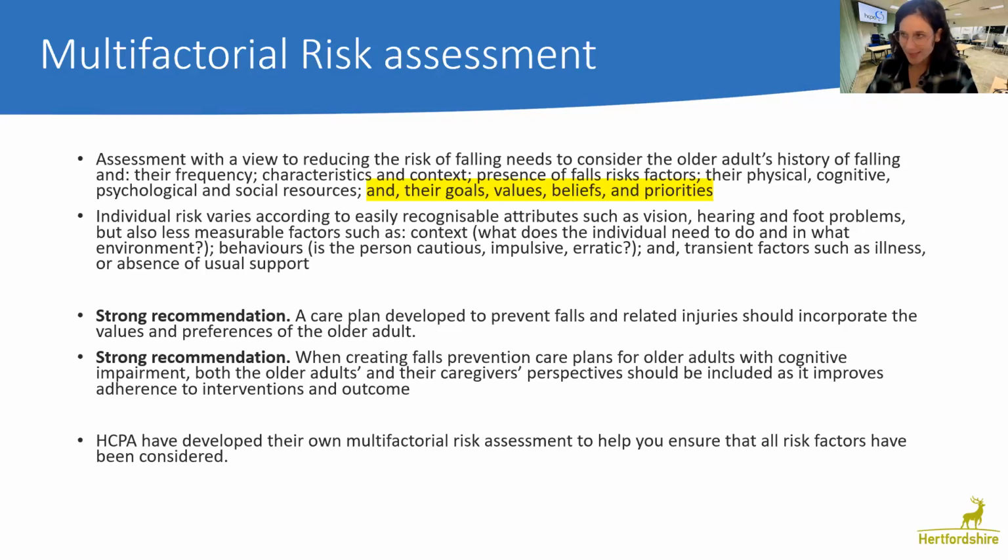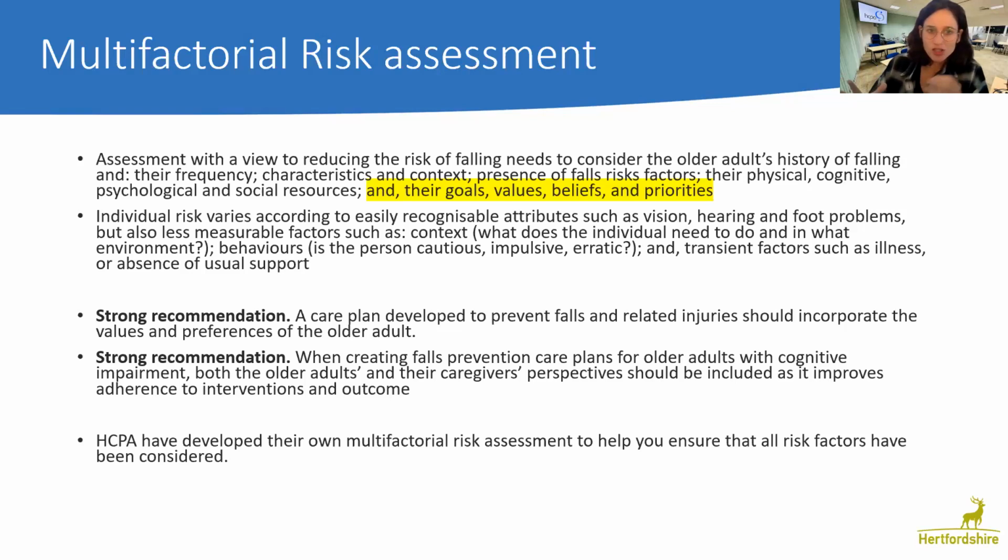But what we are missing are things like what that individual needs to do and in what environment. Behaviours, is the person cautious, impulsive, erratic? Why is that happening? And other factors such as illness or absence of usual support.